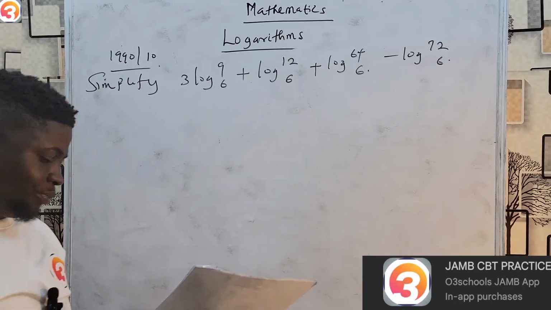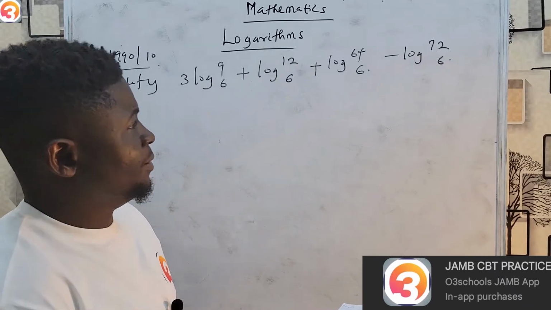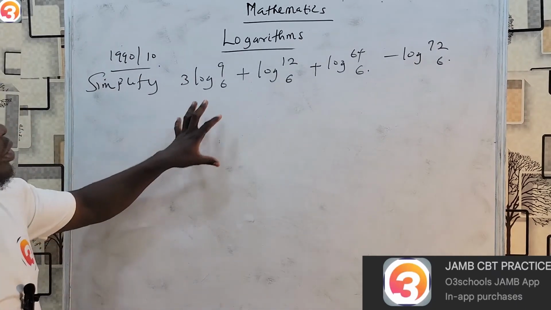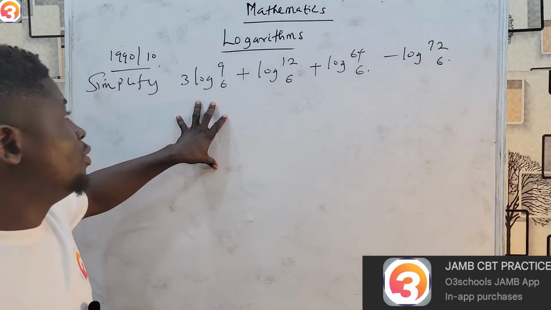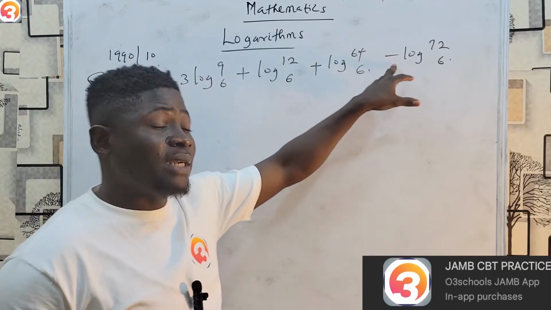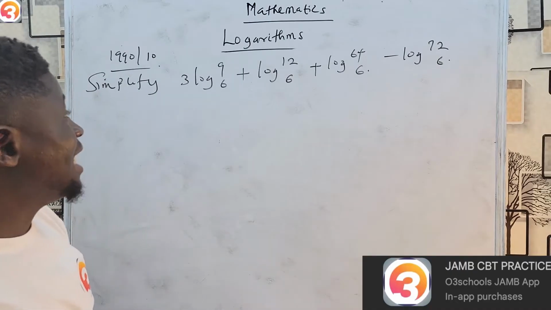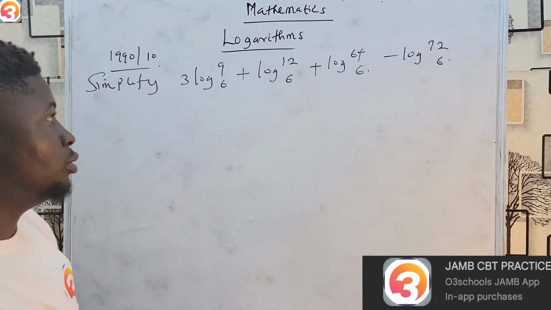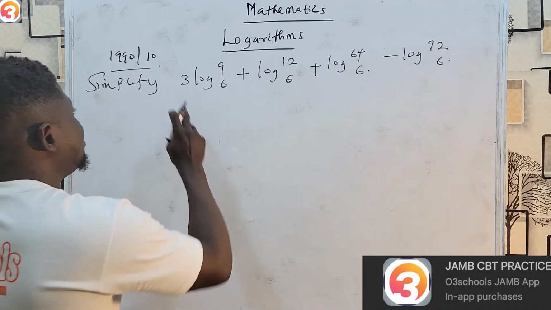All right, so what do we do here? Now, from the law of logarithm, we know that whenever we're having addition, we are multiplying. If you're having subtraction, we are dividing. So that has already given us a foothold on what to do.